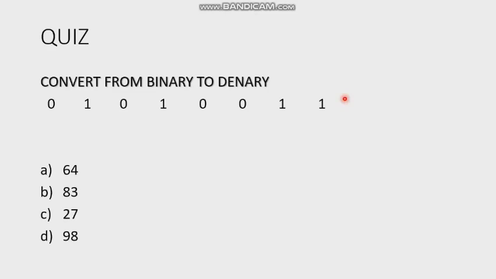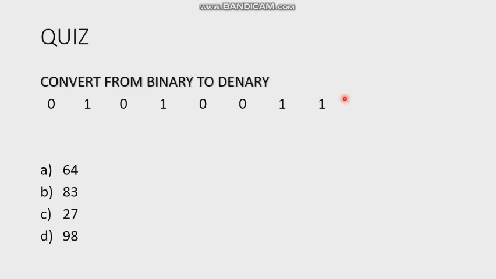Okay, so Paulus, what's your answer? 83. Okay, James, what's your answer? I think it's 64, ma'am. Justin, what's your answer? I think it's 98. Max, what's your answer? I think it's 27. And what's your answer? 83. What's your answer? 64.